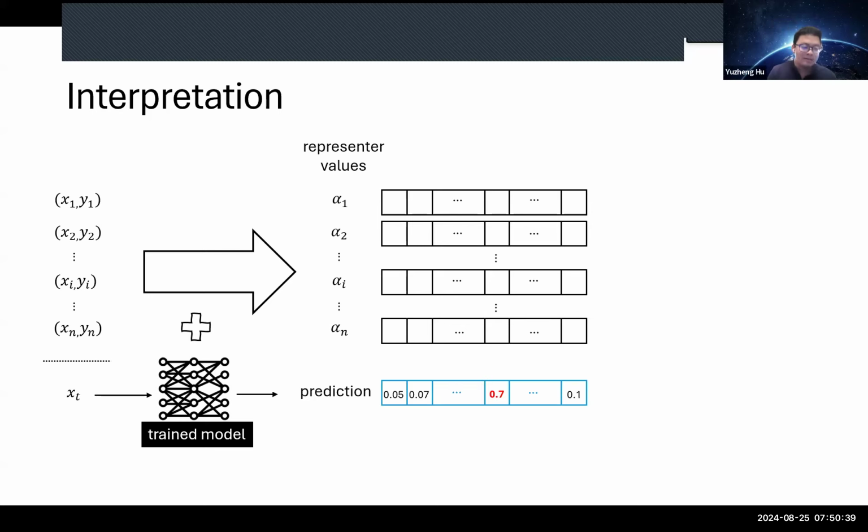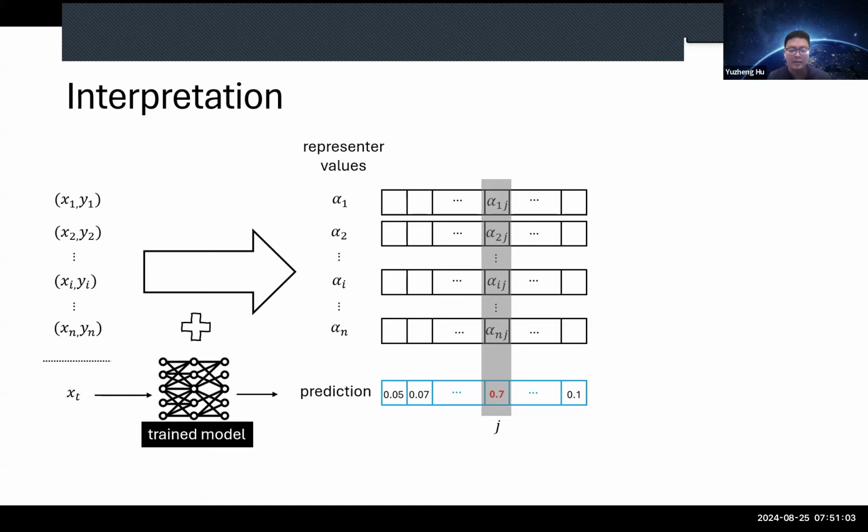Okay, now say we have a test sample, let's call it xt. For this xt, our trained model gives it a prediction, and say that our model predicts this sample as the J-th class. You see that it gives a very high value for this J-th class, so basically our model predicts xt as the J-th class.